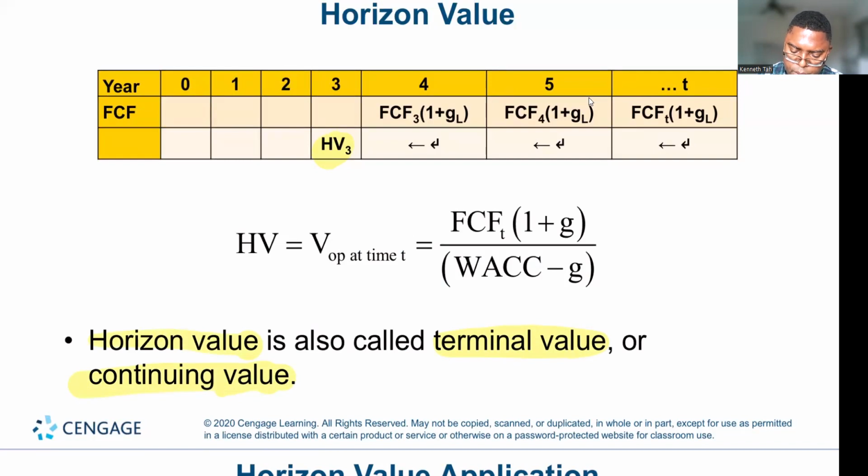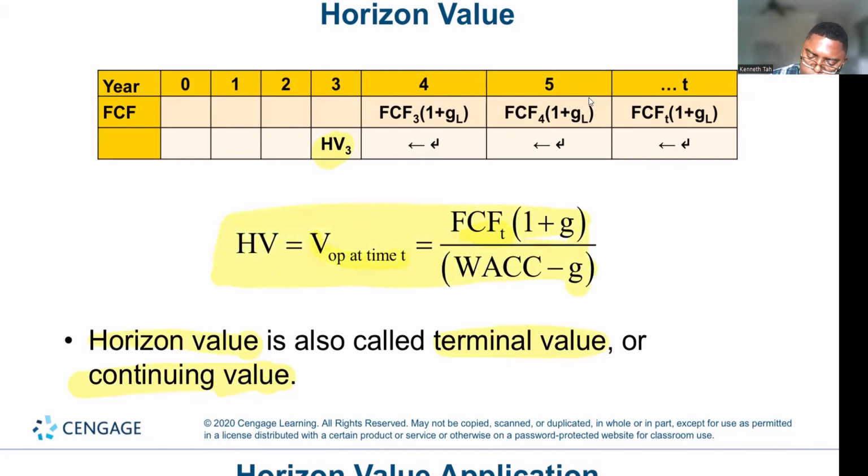So if we go back to the model that we just used in calculating free cash flow, the value of operation at time t is going to be free cash flow at time t, 1 plus g divided by WACC minus g.